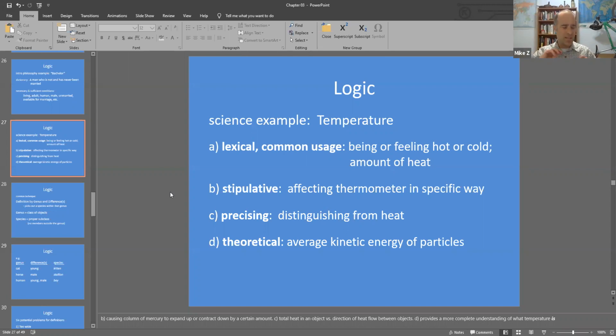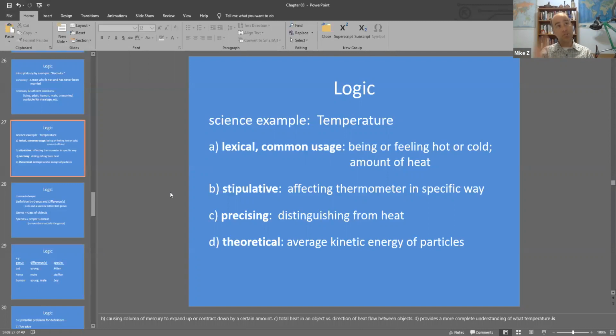Well, that doesn't really tell you what temperature is, but it is very precise, right? But it's a stipulation. We've got this measuring device. It just happens to include columns of mercury and little ticks on the side of the glass tube or whatever. And so we just stipulate, this is how we're going to use the term temperature. It affects a column of mercury, makes it go up by a certain amount, by certain degrees.